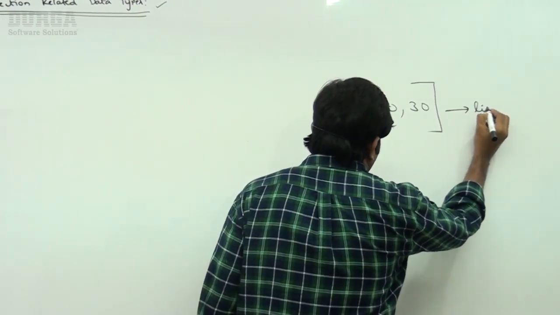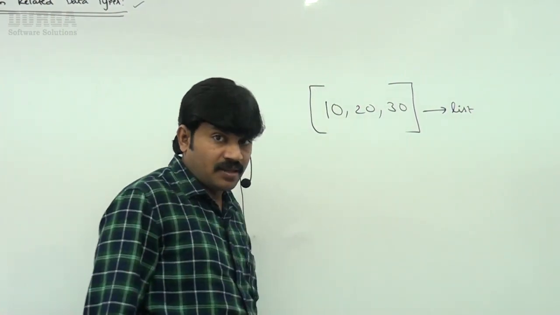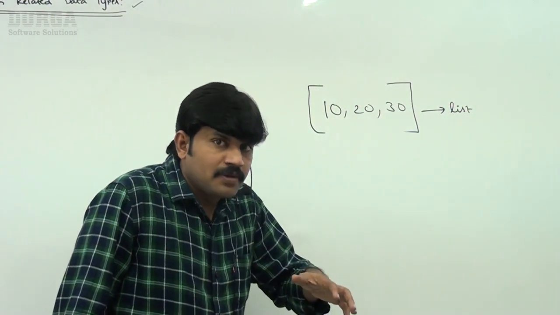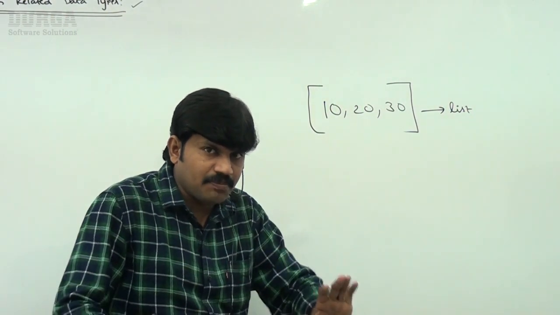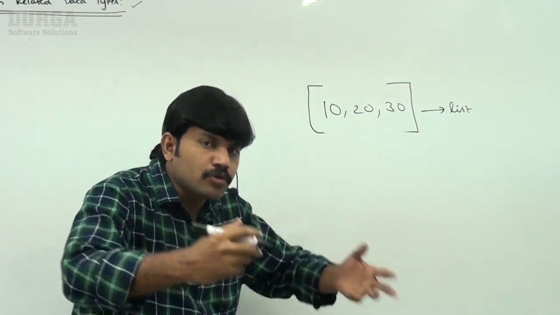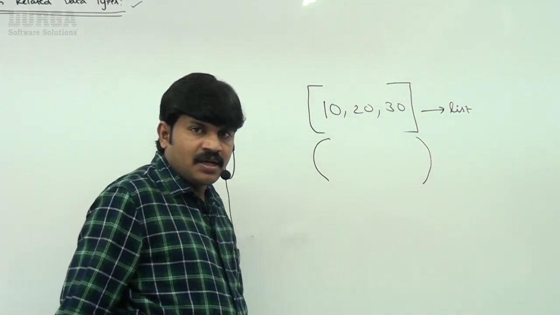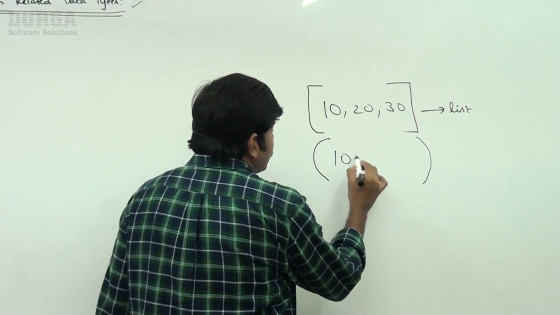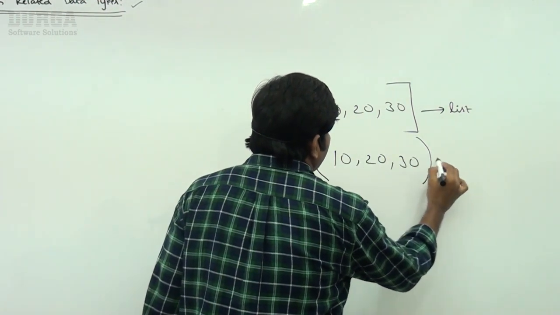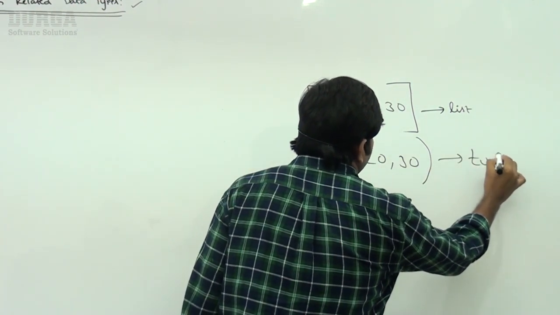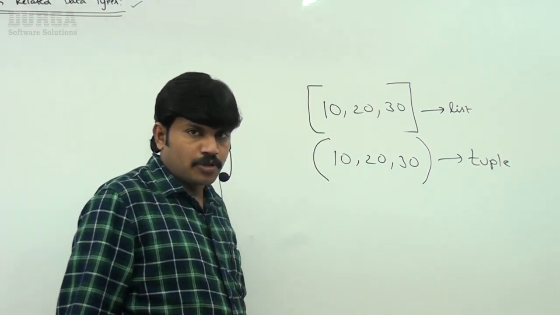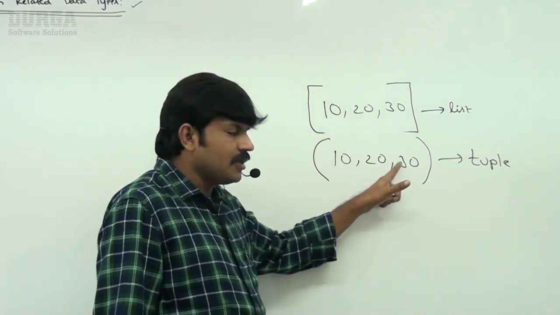Of course, I will explain the properties. Don't worry. For tuple, just note this basic idea at the beginning. If you want to go for tuple, then we have to go for parentheses. 10, 20, 30 is by default considered a tuple.